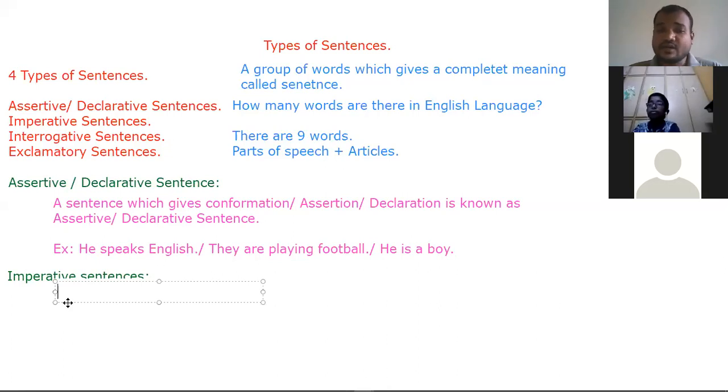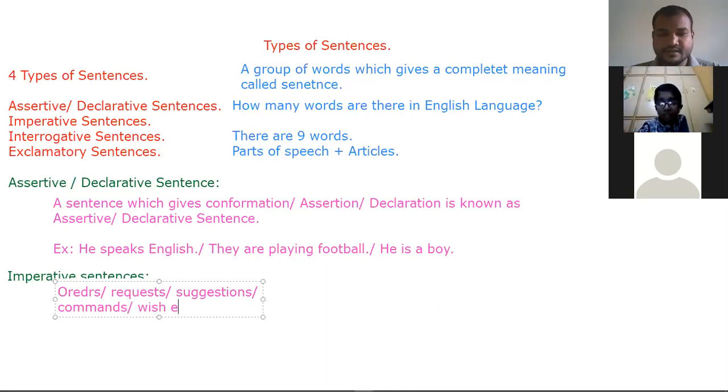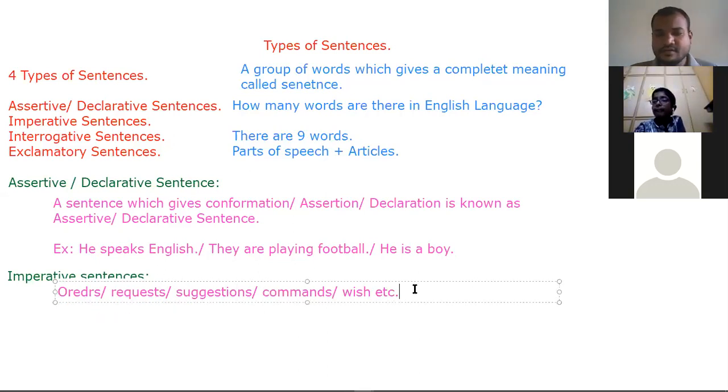Orders, commands, requests, suggestions, wishes. These can all be mentioned as imperative sentences.